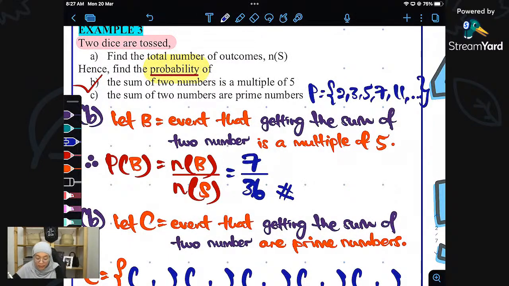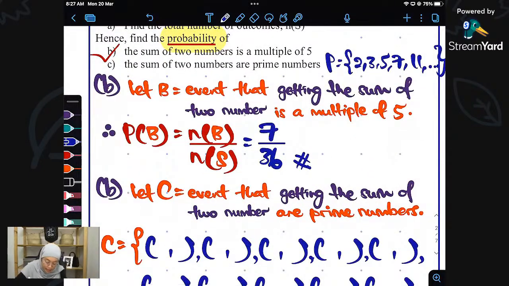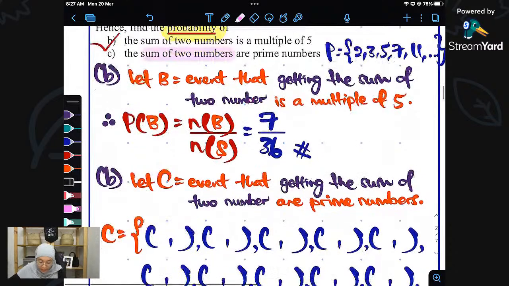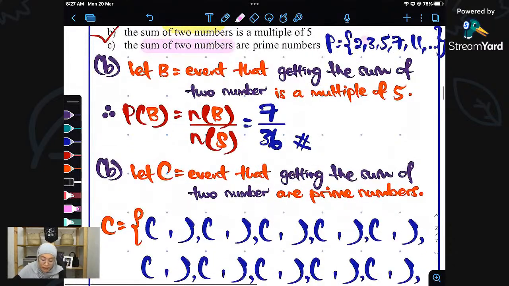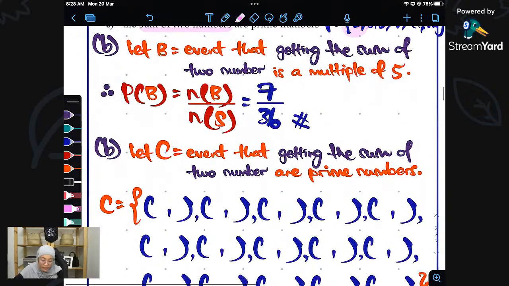You should know this already. And then it wants us to find the summation again, the sum of the two numbers. So we have to add the two numbers. When we add, do we get 2 or 3 or 5, 7, 11? So this is our job right now. First thing first, write this thing down.